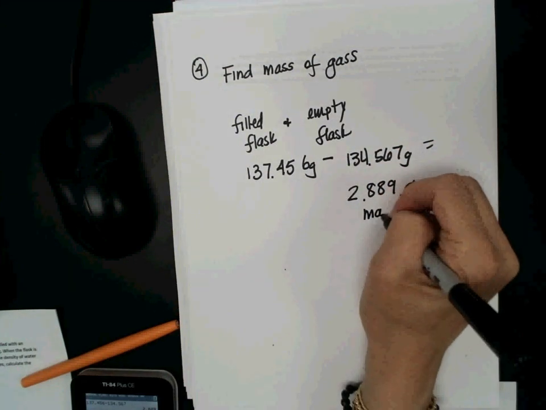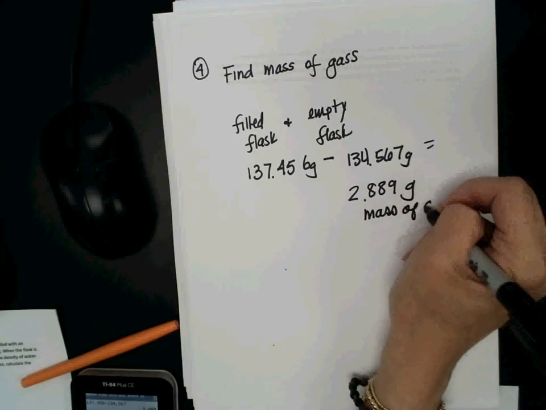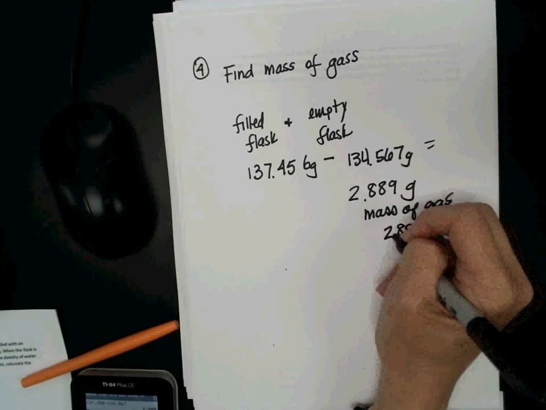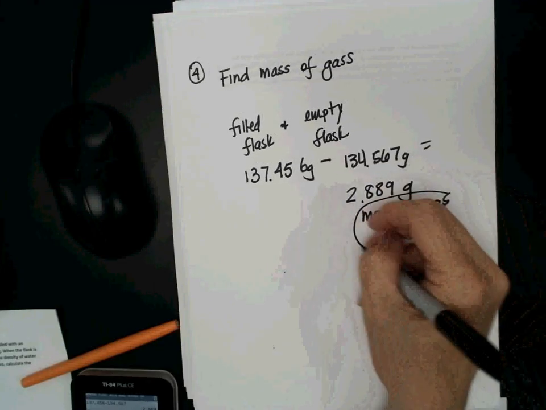So 2.889 grams is the mass of the gas, which I'm just going to make 2.89.